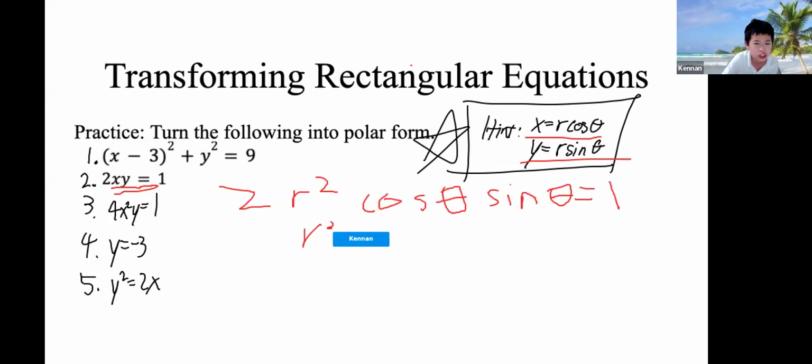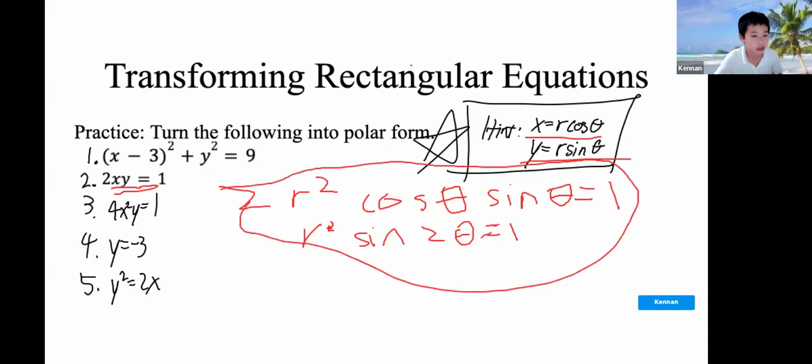Although I think we can keep it in this form, but either way, we have this form of the equation, I think.